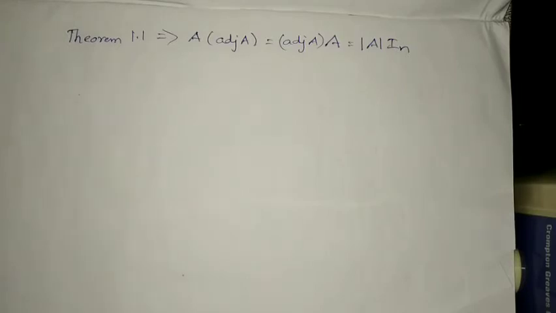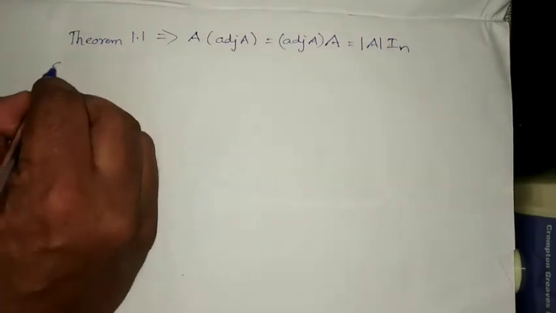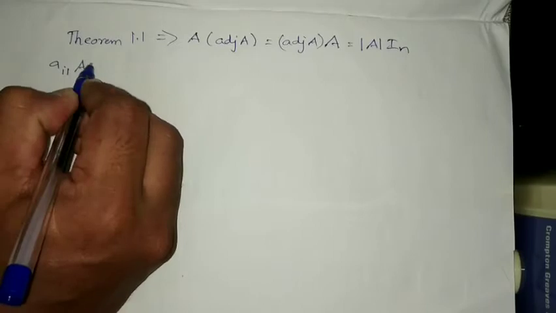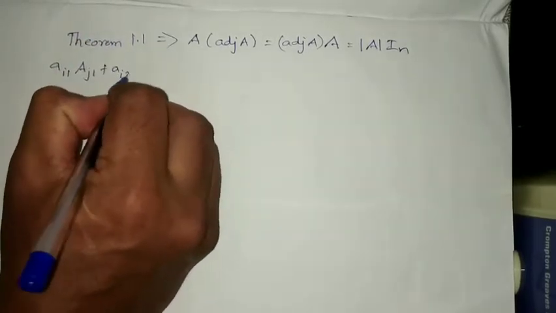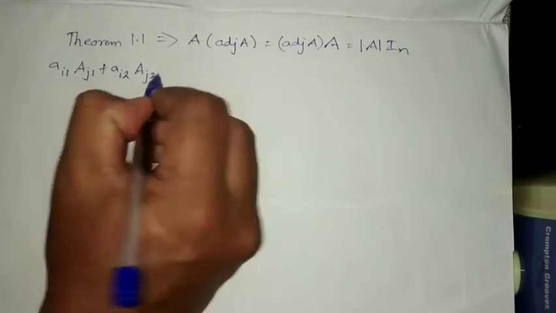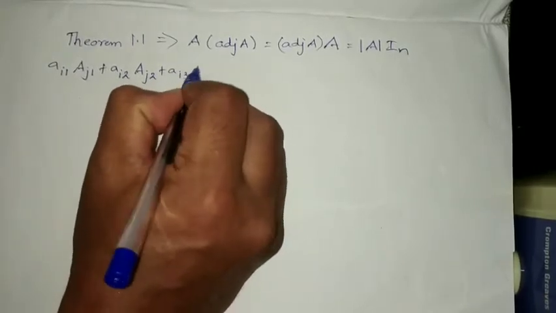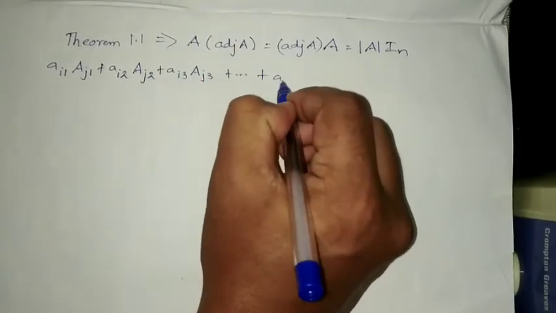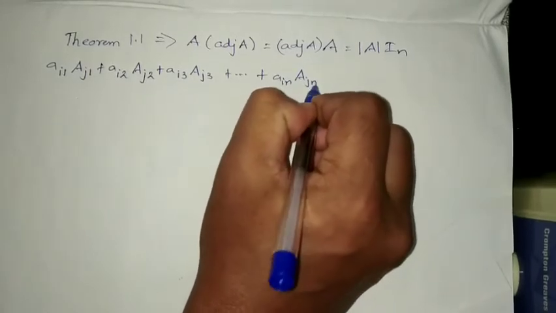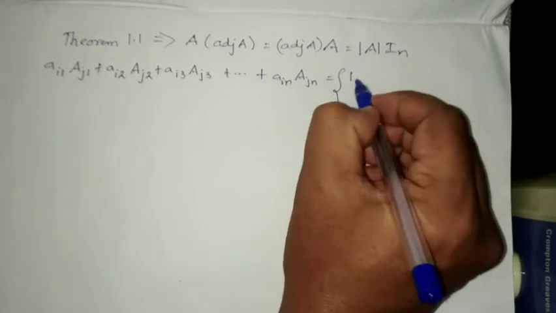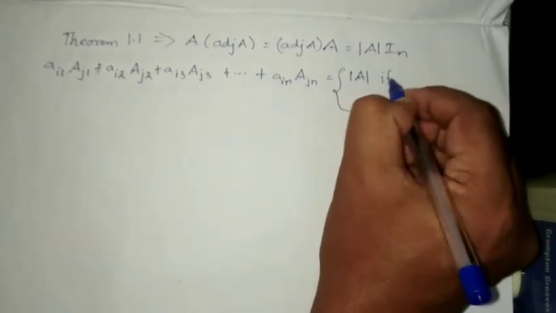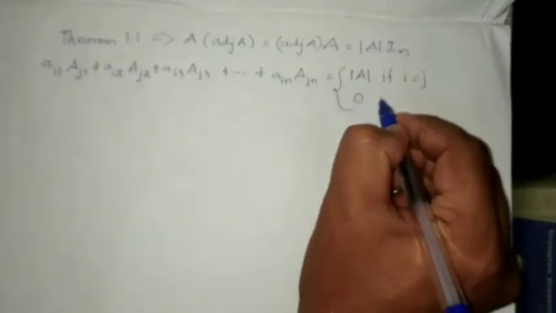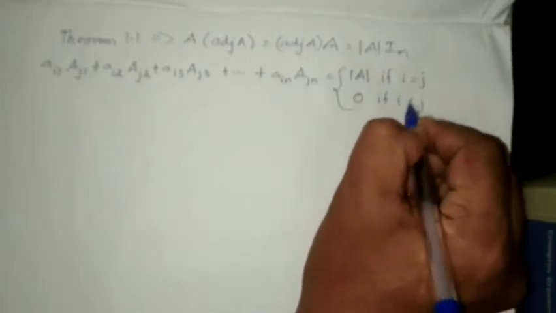It states that the sum of the products of elements and cofactors, a_i1 into A_j1 plus a_i2 cofactor A_j2 plus a_i3 cofactor A_j3 plus up to a_in cofactor A_jn, equals determinant of A if and only if i equals j, and 0 if i is not equal to j.